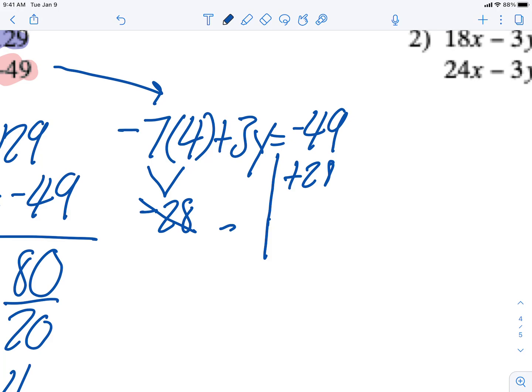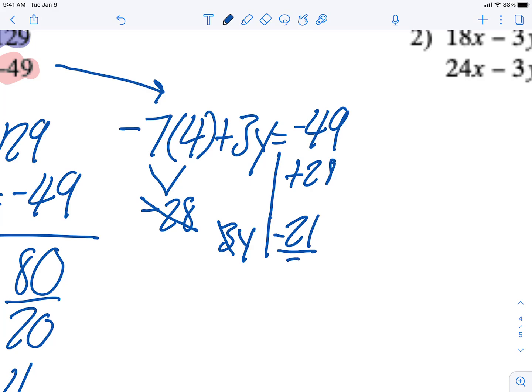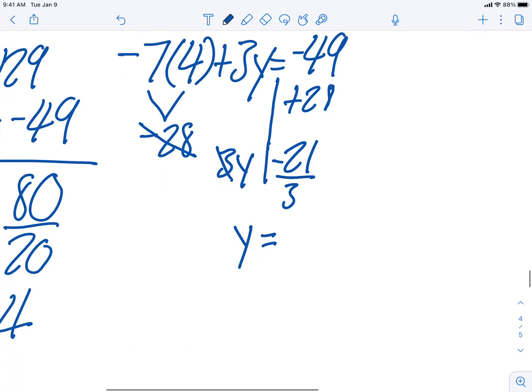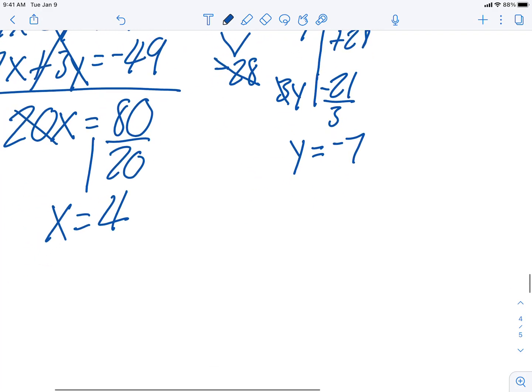So I have 3y. 49 minus 28 is 21 because they're different signs. And I have a negative 21 because 49 is bigger, divided by 3. So I get y is equal to negative 21 divided by 3, kiddos, is negative 7. So my ordered pair here, my answer is x, 4, comma, y, negative 7.